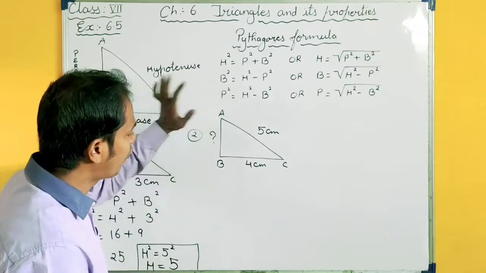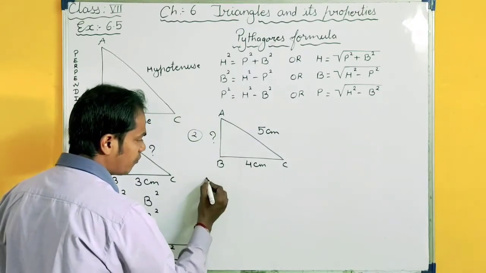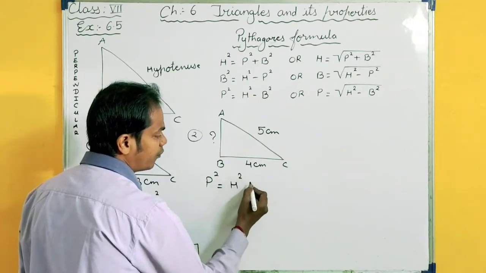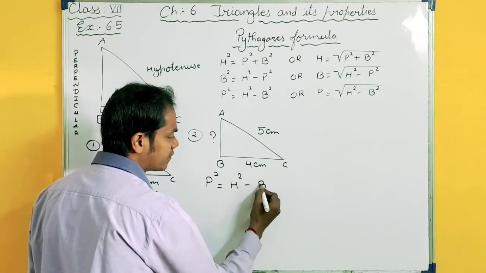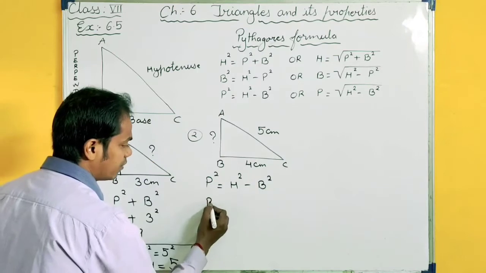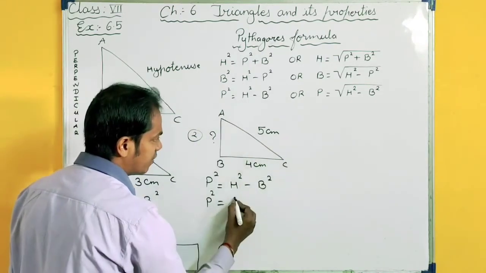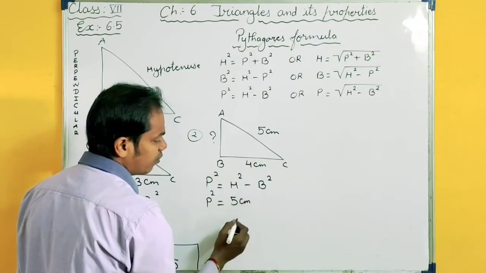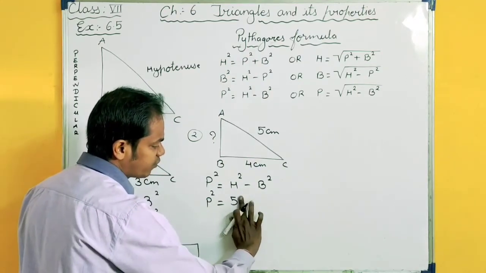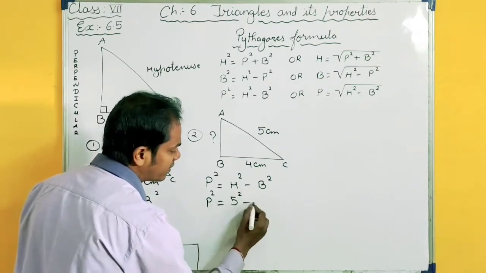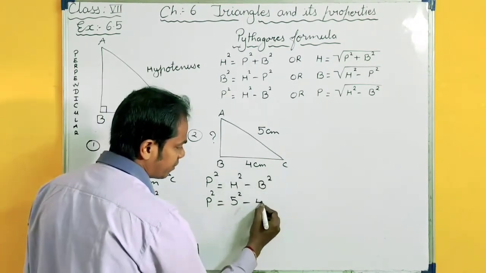So here you will use the formula of perpendicular. Perpendicular square is equal to hypotenuse square minus base square. What is your hypotenuse? AC, 5 centimeter. So you will write 5 square. Don't write unit here. 5 square minus base. What is the base? 4 centimeter. 4 square.